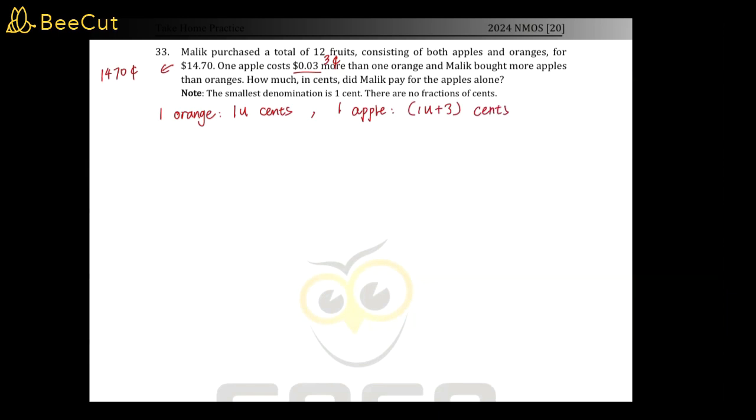So we can find the total number. So 1 U plus 3 times the number of apples. I'll just use A to represent number of apples. For the orange, this 1 U times the number of oranges, which I just use the letter O.